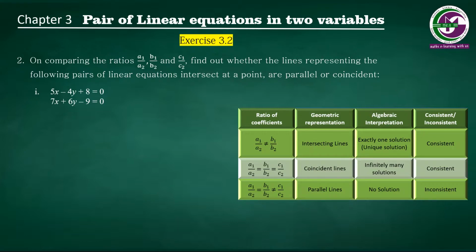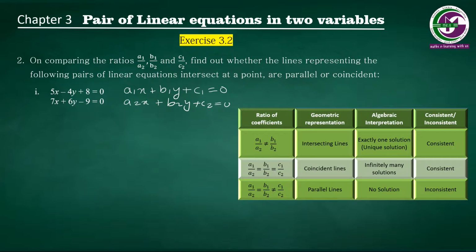We know the standard form of a pair of linear equations in two variables is given by a1x plus b1y plus c1 equals 0. I am writing plus c1 equal to 0 because in these questions the constant term is also on the left side. Now the second equation will be a2x plus b2y plus c2 equal to 0.